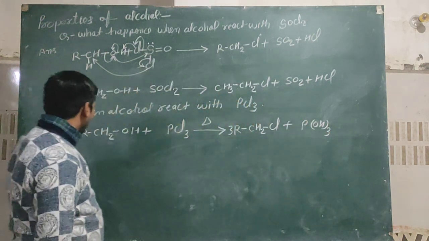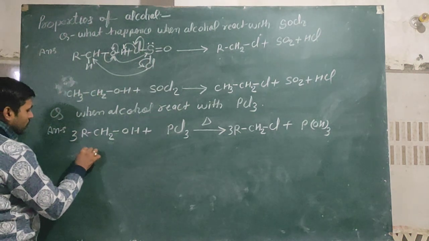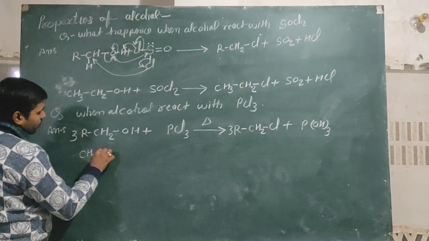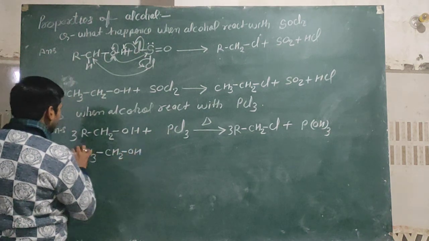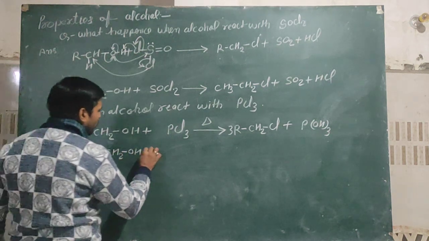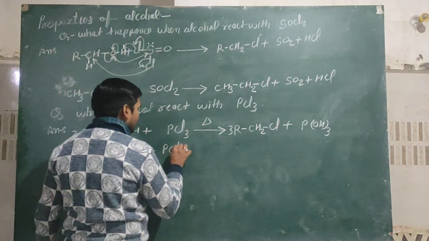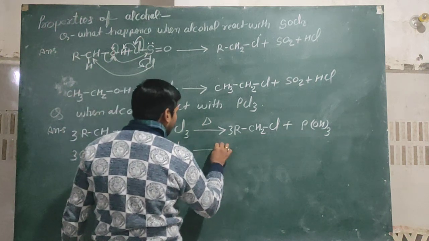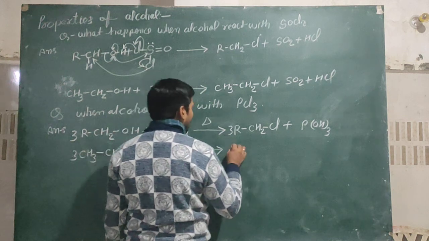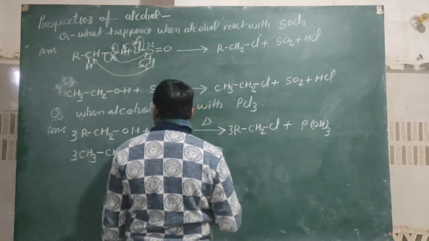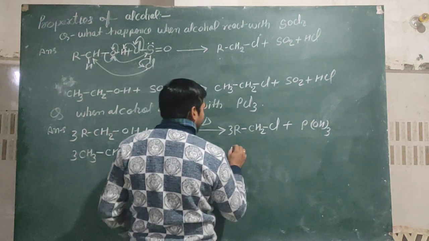If you take a different type of alkyl group, then 3 molecules of ethyl alcohol react with PCl3, and all the chlorine atoms move toward carbon and all OH groups come toward phosphorus.